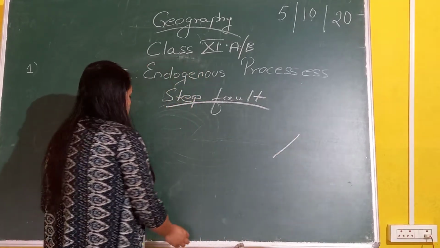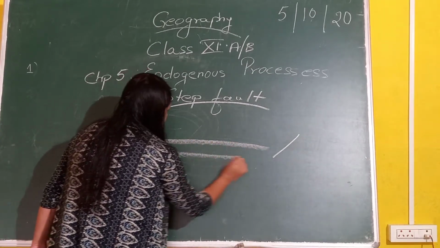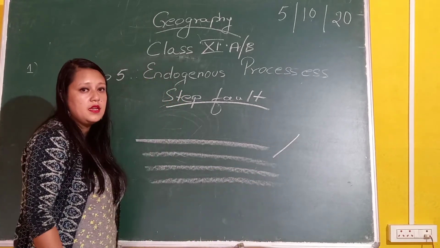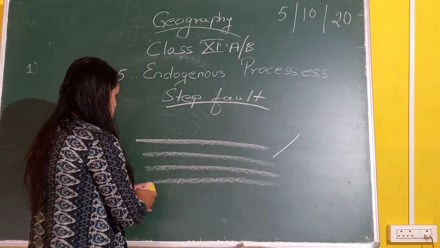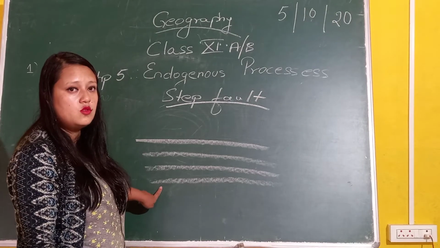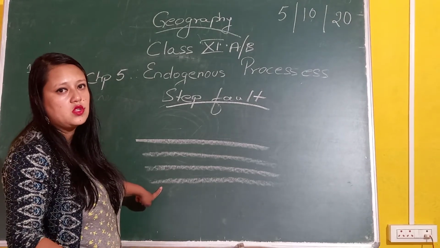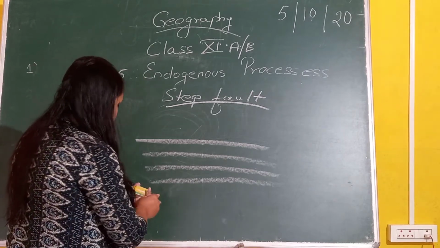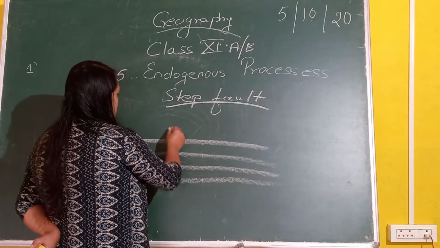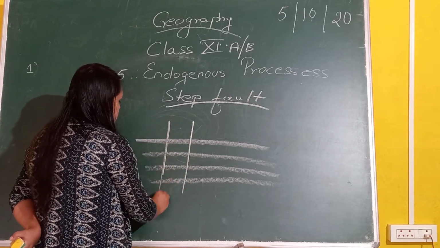Because if this is the surface of the earth and these are the different layers, and because the earth is stretched over a vast area, the earth is also made up of different types of layers, and the forces acting on the earth are also different. So sometimes because of tension over a large area, the number of faults occurring may also be more.